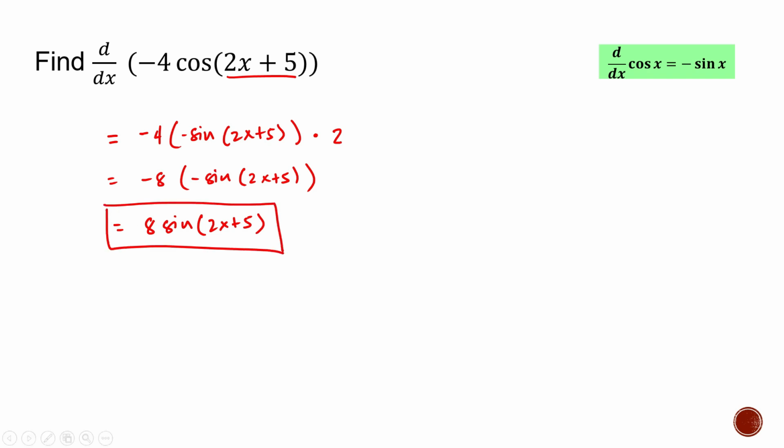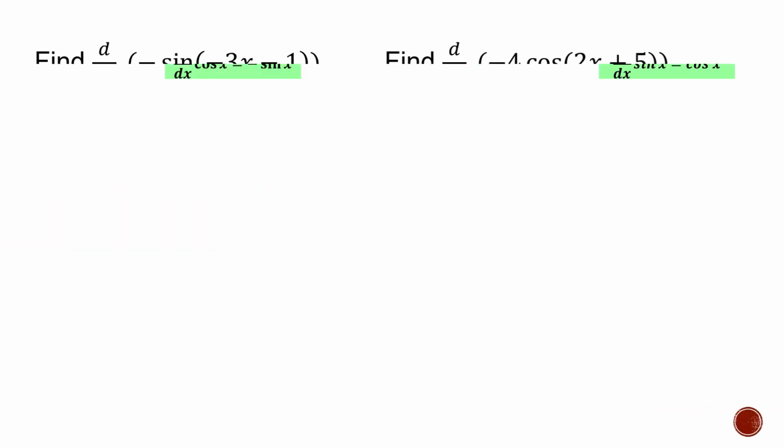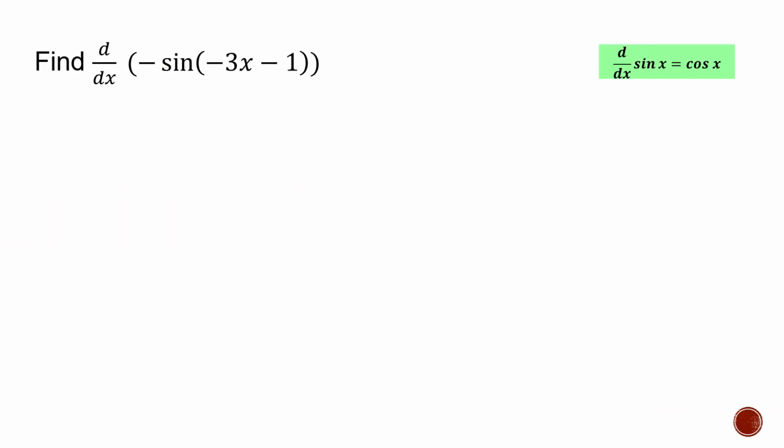Alright, let's go to the second example. Here we need to find the derivative of negative sine of negative 3x minus 1. Again, on the upper right side of your screen, you can see the derivative of sine x is just cosine x.